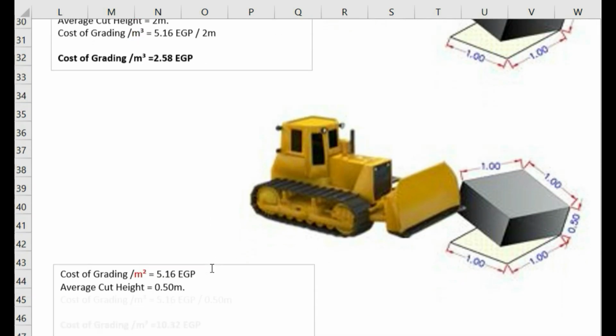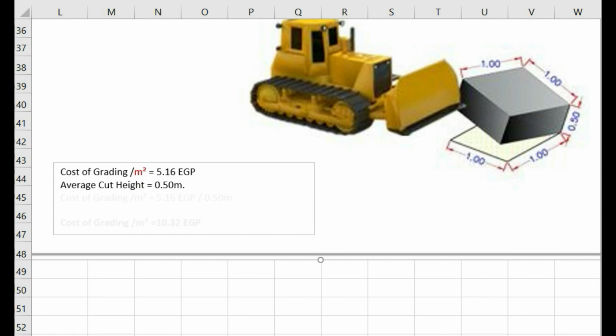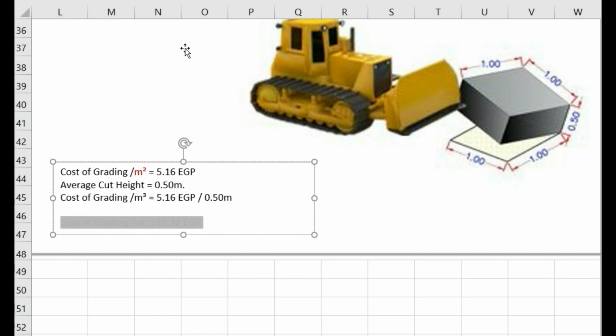The same way, the grading cost in cubic meter will be 5.16 over 0.5 meter height. The cost of grading in meter cubic in this case will be 10.32 Egyptian pound.